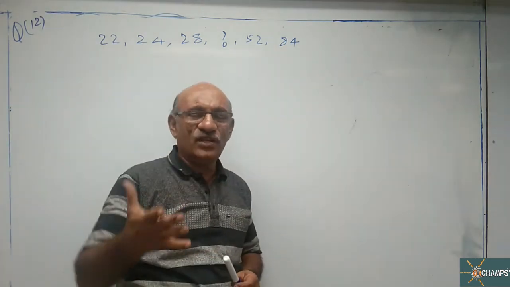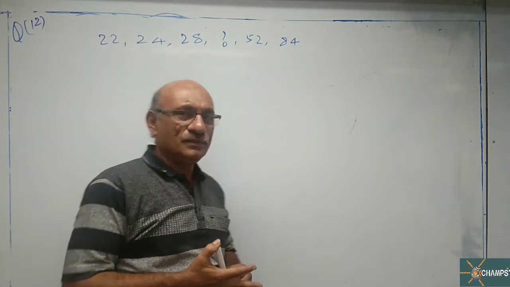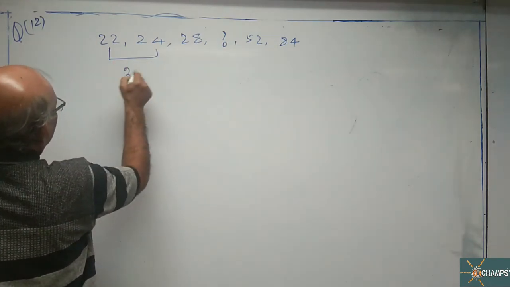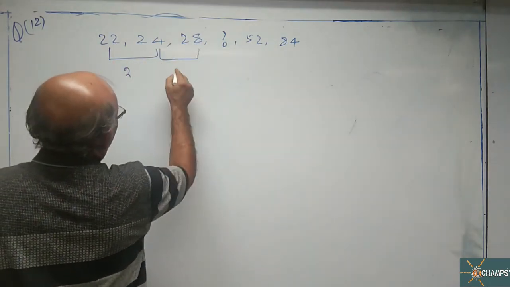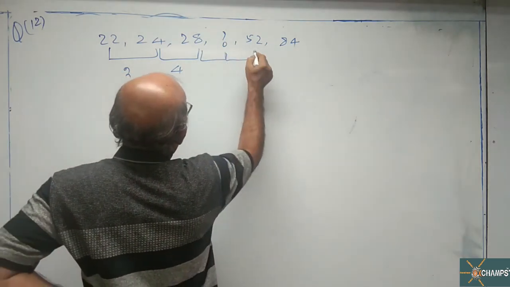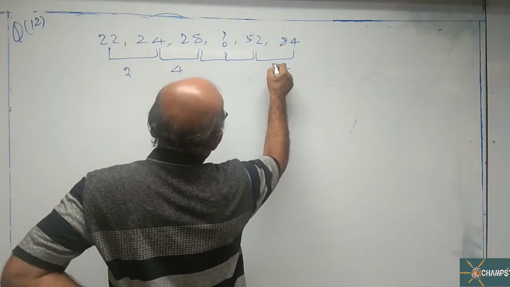Whenever the missing figure is in the middle, we have to think very carefully. Now look at this, sir. The difference here is 2, the next difference is 4. The difference of these two we cannot calculate, but this one is 32.